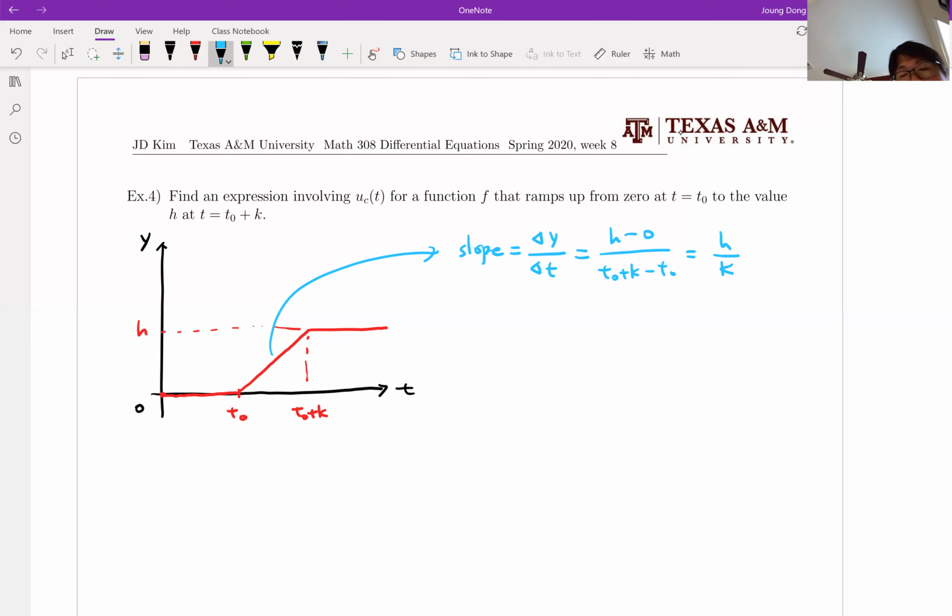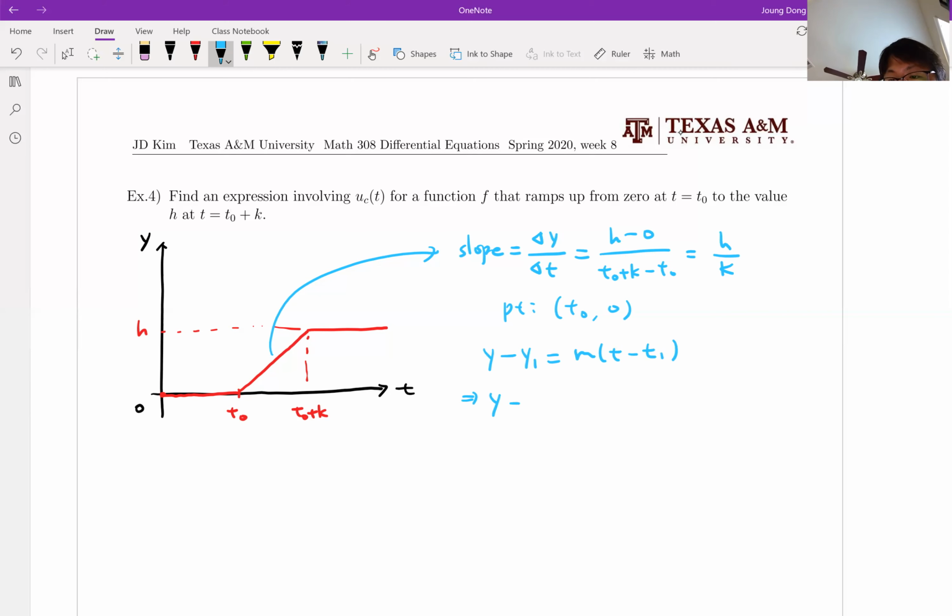We know the point. Let me use this point, t0 comma 0. Then we know one important linear equation formula: y minus y1 equals m times t minus t1.